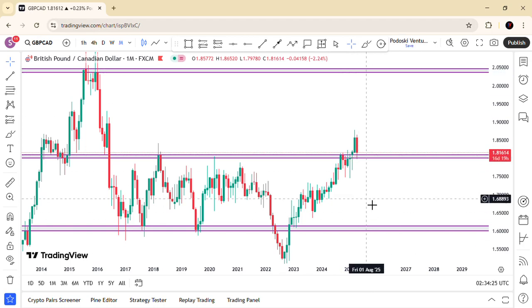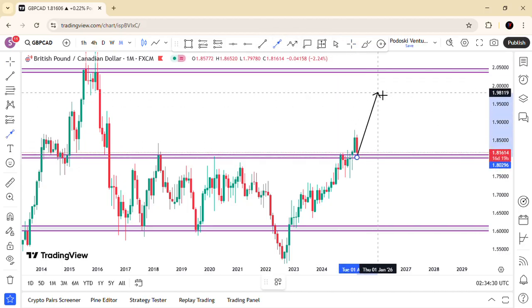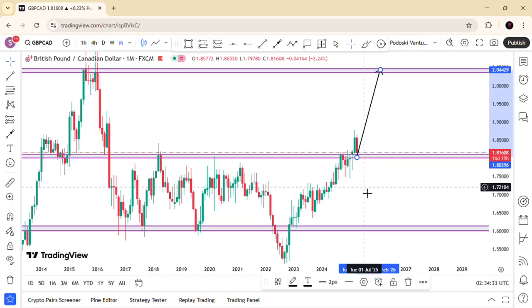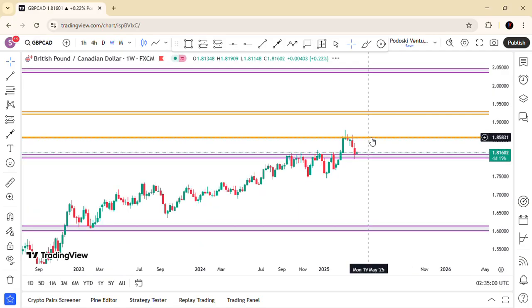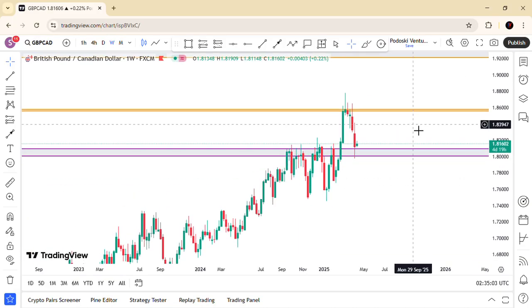As you go to the lower time frames, you'll be looking for buying opportunities all the way up. So let's go to the lower time frames and see how we'll be picking the entry on GBP/CAD.